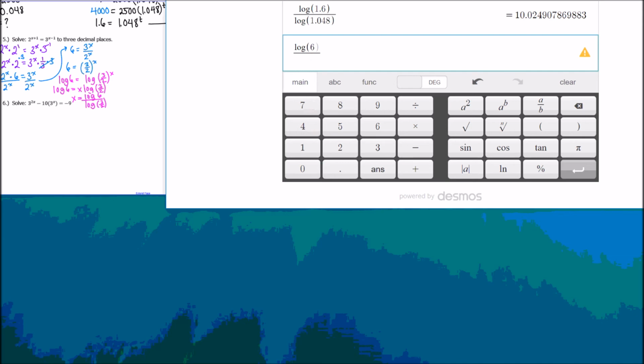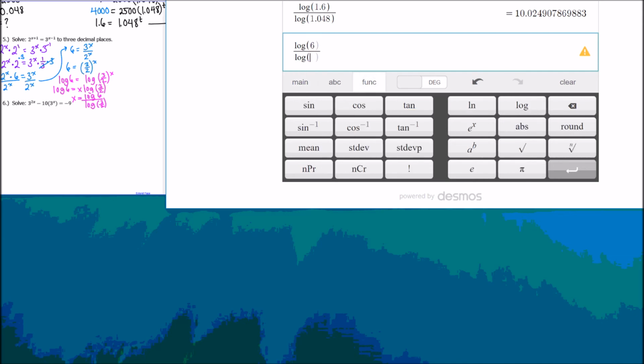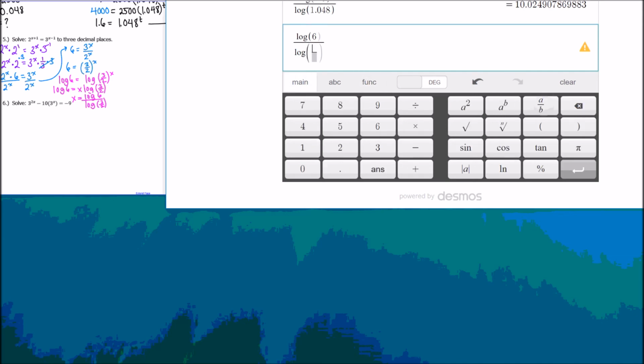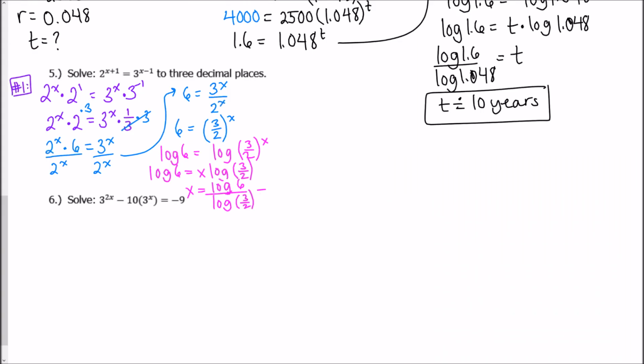And then in the denominator, I want log of 3 over 2. So I'm going to type in another fraction where I've got 3 over 2. And my answer here is 4.419, okay? And since it's said to round to 3 decimal places, we'll say it's approximately equal to 4.419. Okay, that's one method.